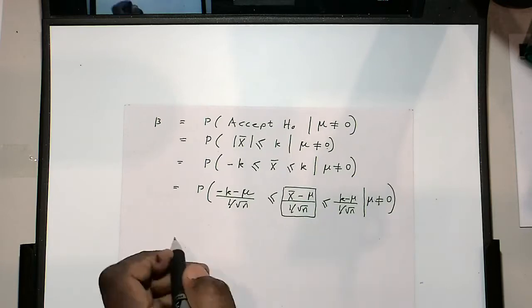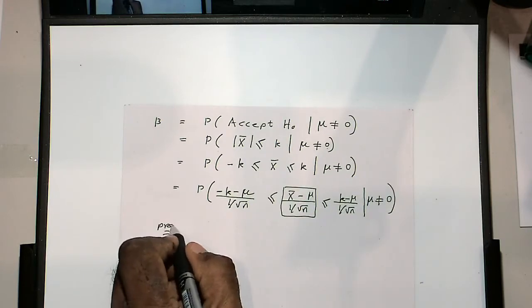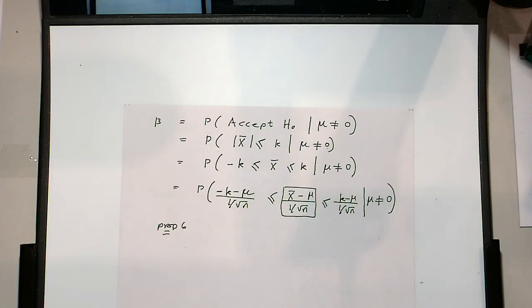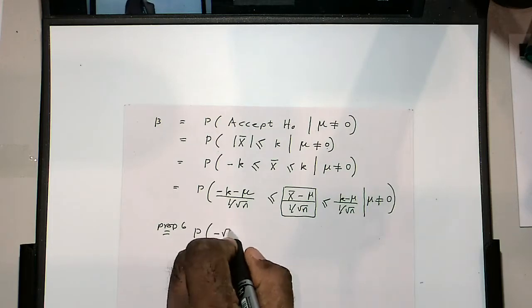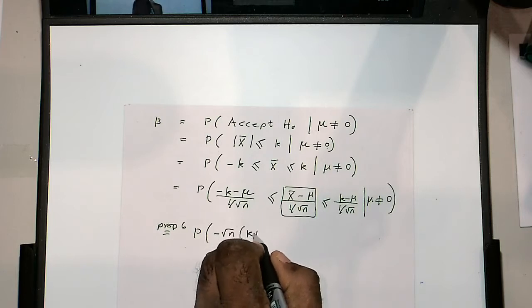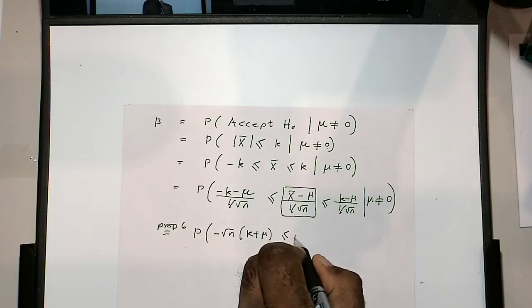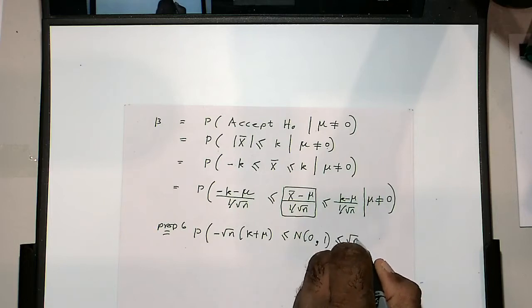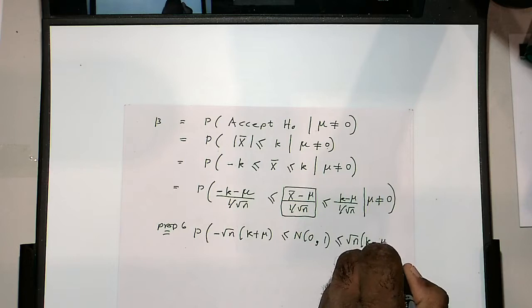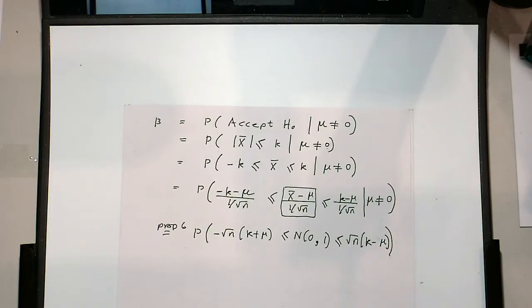Now, because of property number 6, the thing in the middle has a standard normal distribution, right? So what you have is root n times k plus mu, and again I remove the conditioning because we don't need it once it has been used.